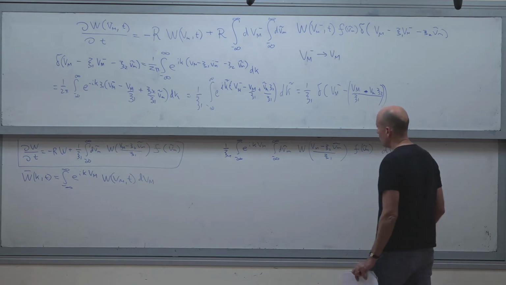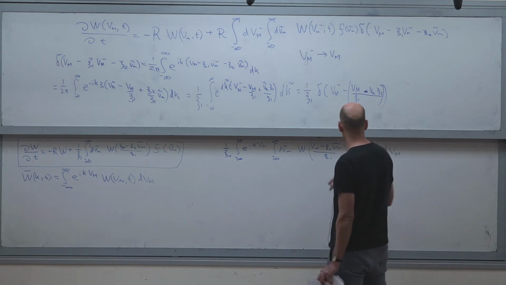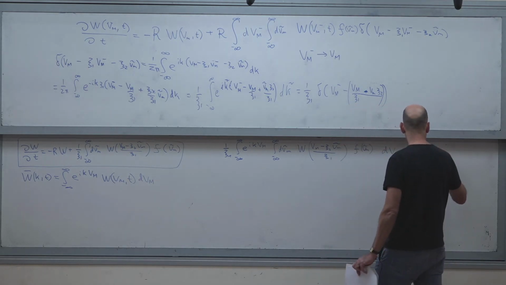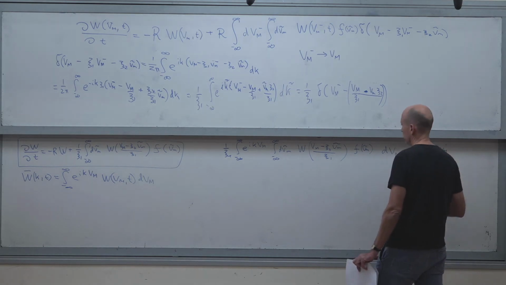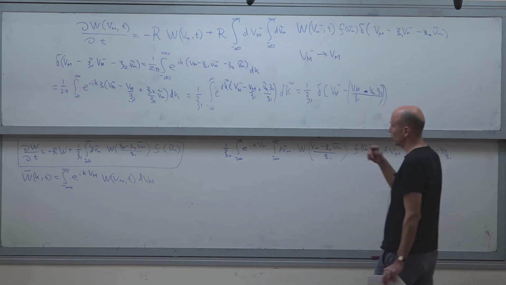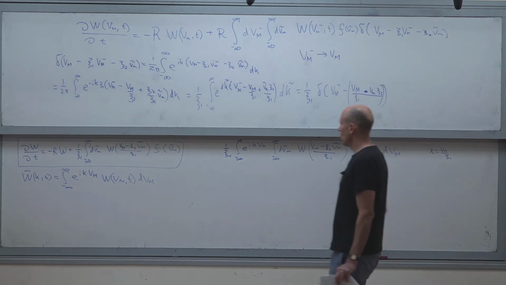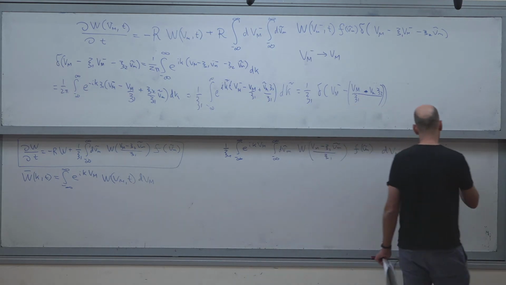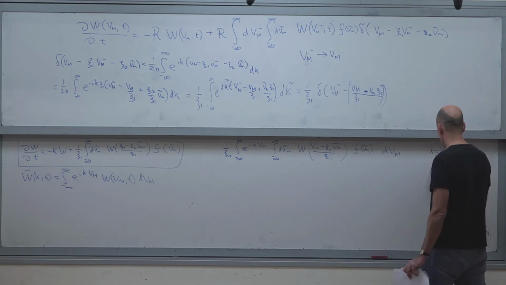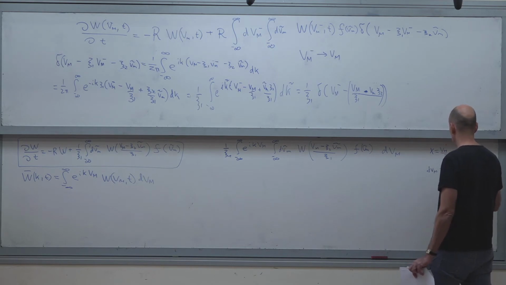Okay, so what we want to do is the following. Let us define x as Vm divided by psi1. In some sense, we're going backward now. So let us do it carefully. Then dVm is psi1 times dx.